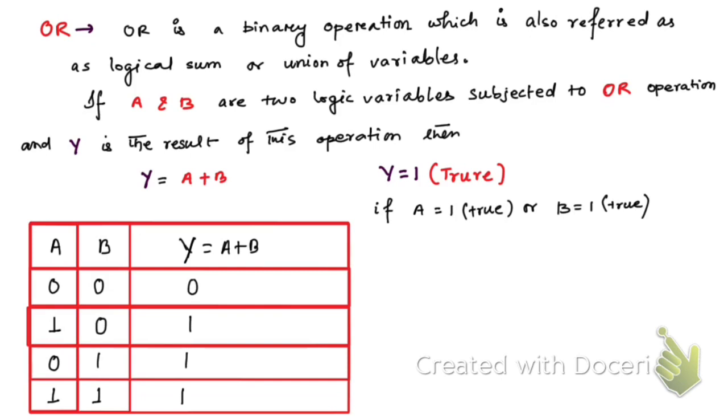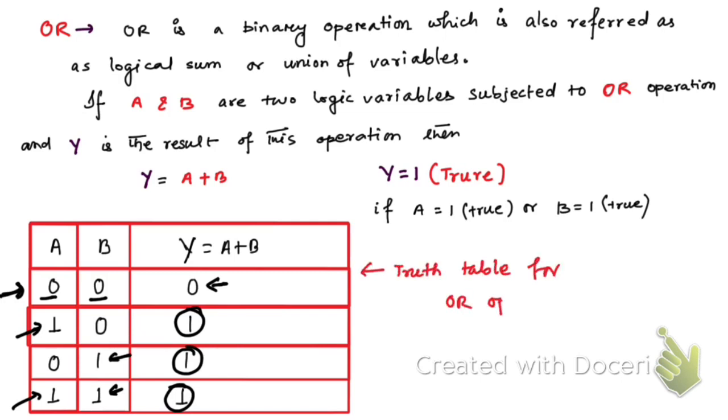Here only a is equal to 1, so we are getting 1. Here only b is 1, so we are getting 1. Here both are 1, so we are getting 1. Only in one condition, when both are 0, the result is 0. This is the truth table for the OR operation.